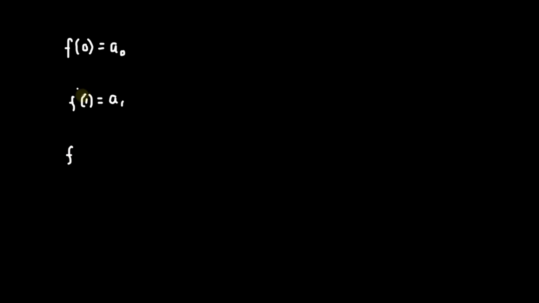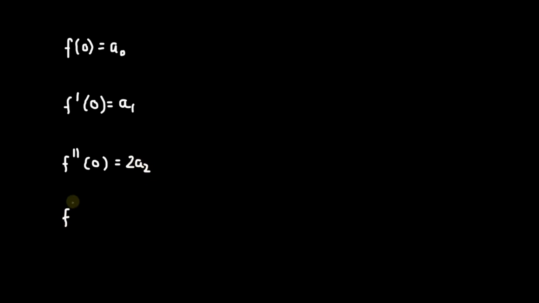F prime of 1. I made a mistake here. This is f prime calculated at x equals 0. That gives us a1. We have f double prime 0 equals twice a2.